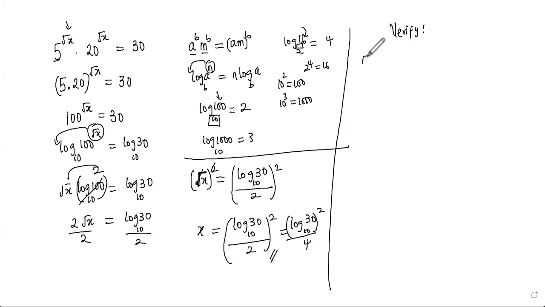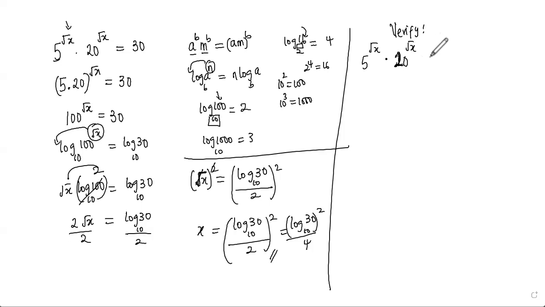So we want to show that x is actually log 30 base 10 over 2 all squared. So let us plug in the value of x in this equation and see if we are going to get 30.